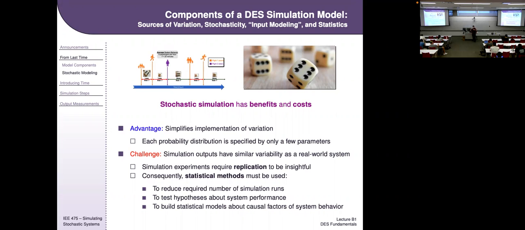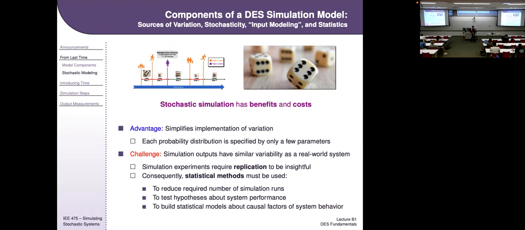Well, we now know that if I were going to implement something in the real world, I couldn't just run it once. I'd have to take multiple samples to see if my intervention actually made a difference, because I might have just got lucky with the first look. Same thing here: when we run our computer models, their outputs are going to vary every time we run them. And so that means we're going to have to run them multiple times.